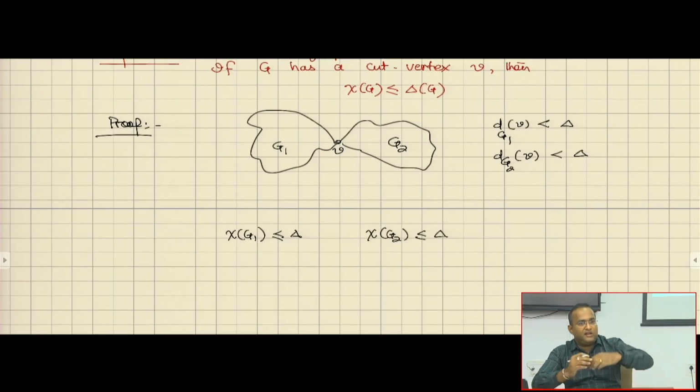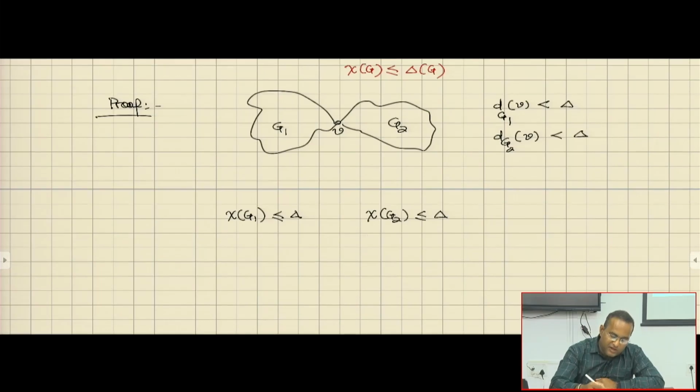So, can we take a delta coloring of G1 and a delta coloring of G2, and out of these two colorings make a delta coloring of G, right? How are we going to make it?